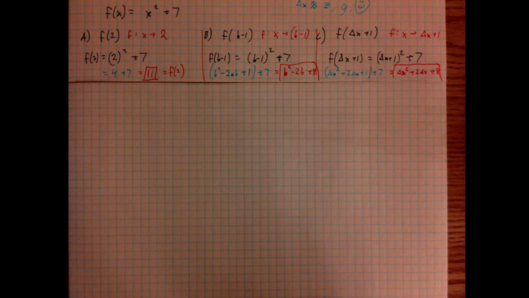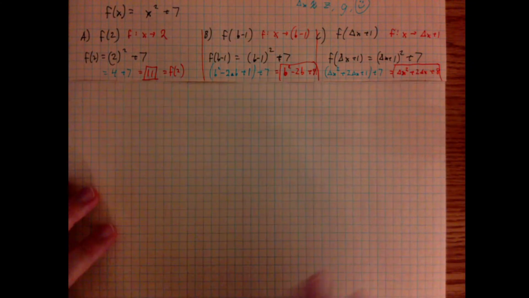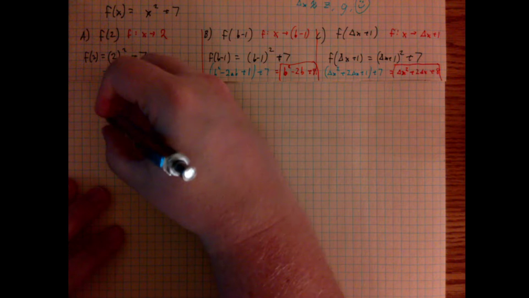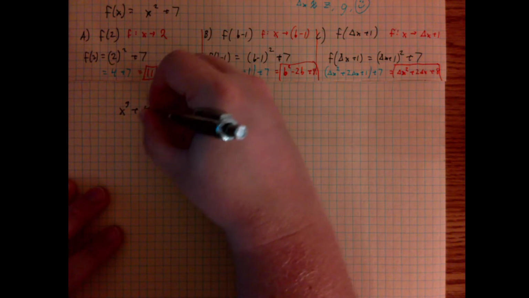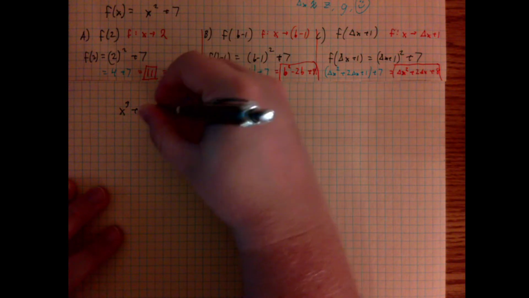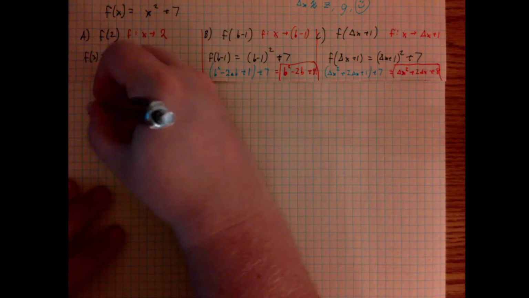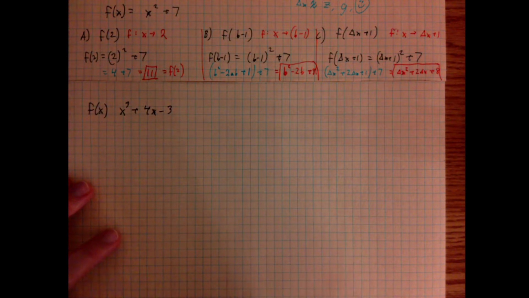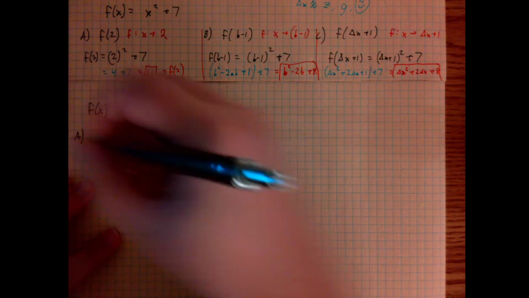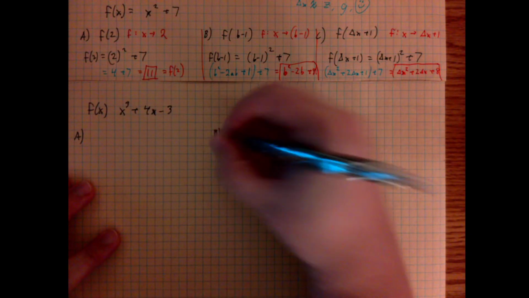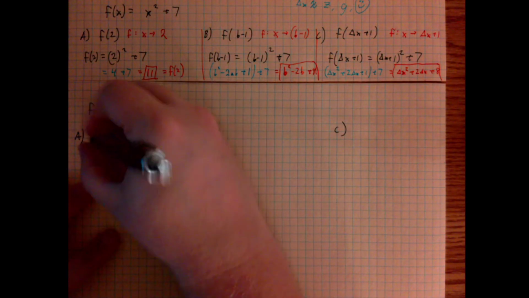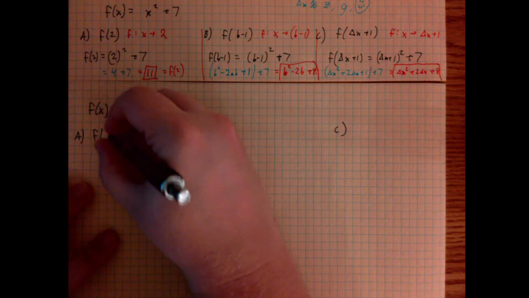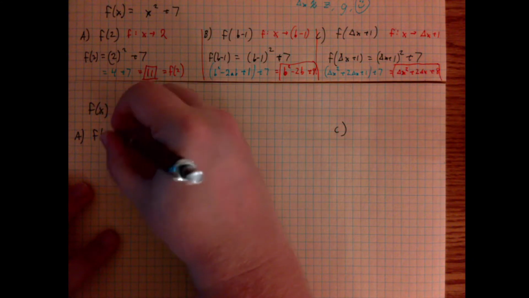So in this case, I'm going to do an example from algebra again. Let's go with x cubed plus 4x minus 3. This is going to be my f of x function. Now let's look at 3 examples again. A, B, and C. Let's look at A. I'm going to do f of 4x.